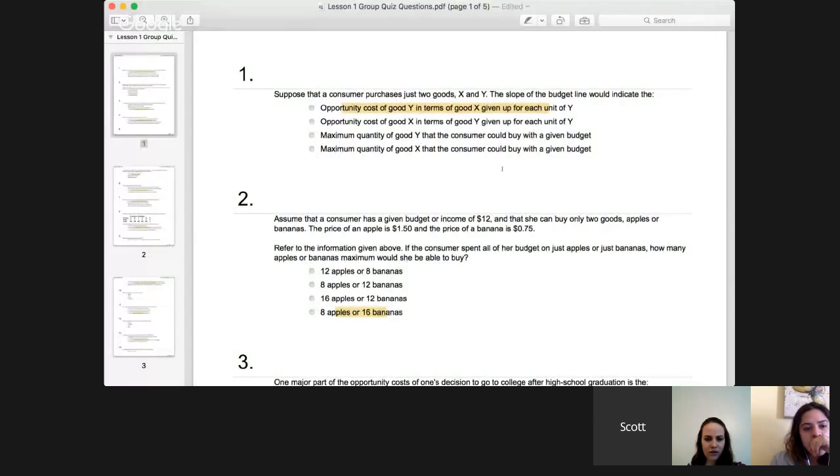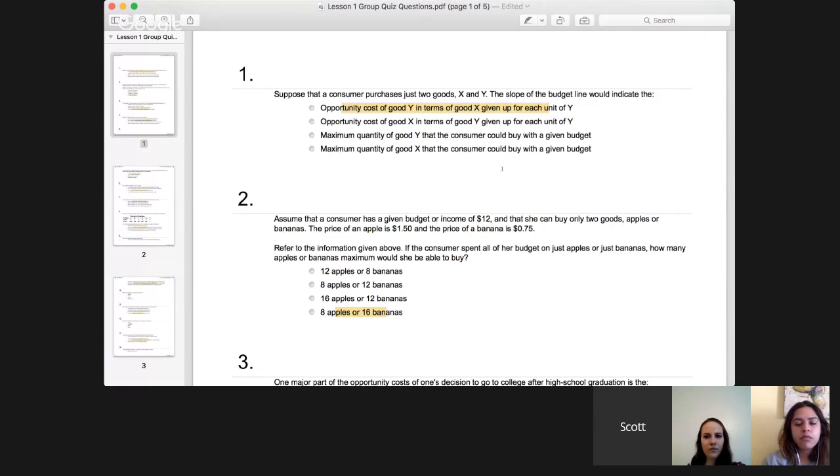My only argument is that the slope, the rise over run, is measuring how much you give up of Y to get one more X. So the slope is a measure of a relationship, and options C and D are just points, but the slope is the relationship between X and Y. Yeah, that actually makes sense.